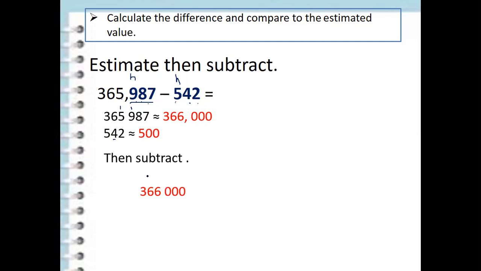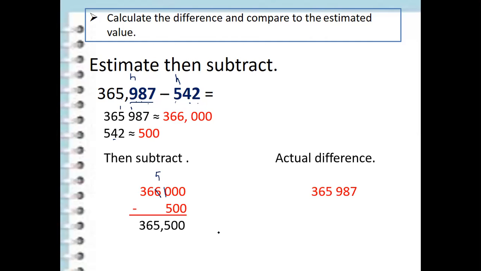366,000 minus 500. Here 0 minus 5 cannot be done, so let's borrow 1, then it becomes 5, and this becomes 10. 10 minus 5 is 5, so the estimated difference is 365,500. Let's find the actual difference.